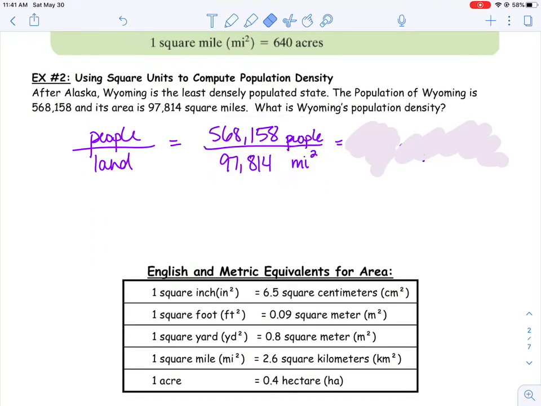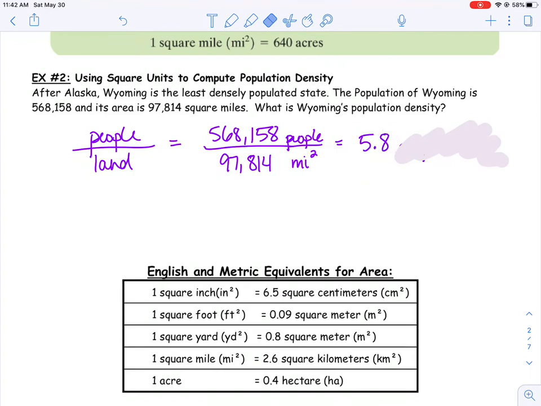Using the information from the problem, I can say that there are 568,158 people per 97,814 square miles. Now, if I want population density, I really want people per square mile, and I want that denominator to be a 1. So I want to divide these two numbers so I can figure out how many people there are for every 1 square mile, not 97,000 square miles.